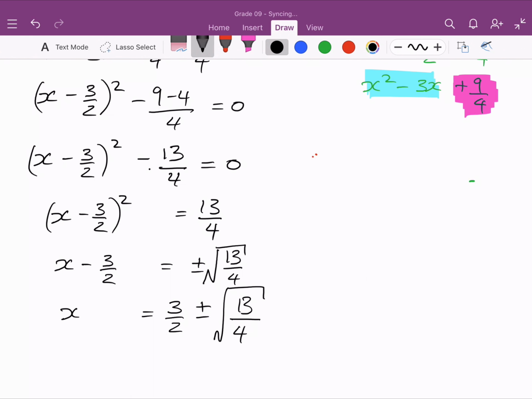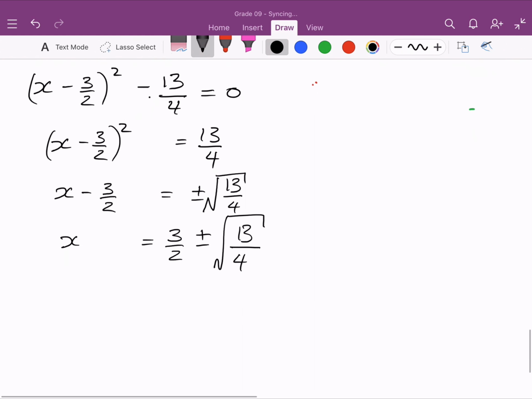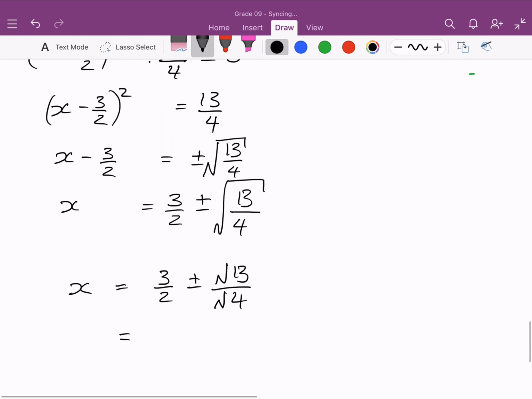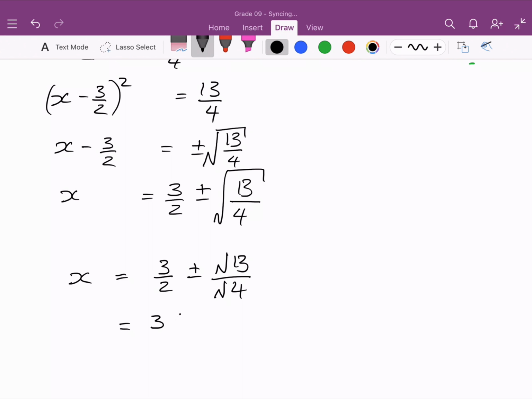There we go. Now, what's actually quite nice about square root signs is that if you square root a fraction, you're basically square rooting the top and square rooting the bottom. So we could rewrite it like this. And what is the square root of 4? Well, the square root of 4 is 2. So this gives me 3 over 2 plus or minus root 13 all over 2.